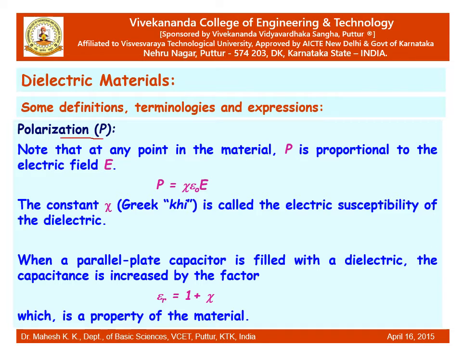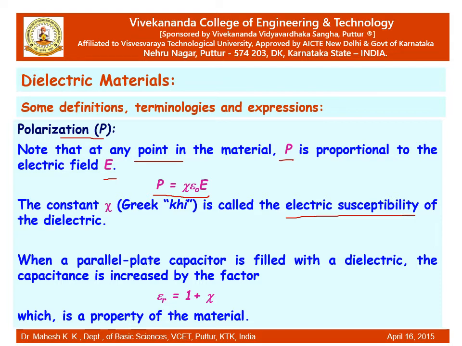Continuing, some more facts to learn. Note that at any point in the material, P is proportional to E. Polarization is proportional to the applied electric field, and P is equal to chi into epsilon naught into E. So the constant chi is called the electric susceptibility of the dielectric material.